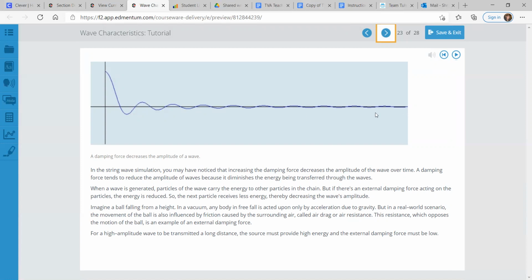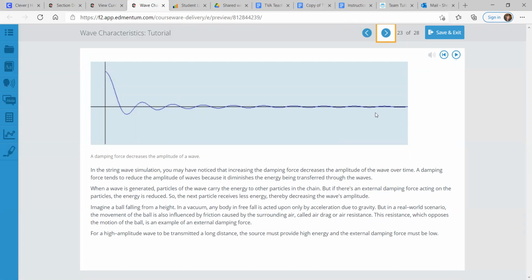The damping force decreases the amplitude over time, and that's because it diminishes the energy being transferred through the waves. So from wave to wave, there's less energy being transferred.